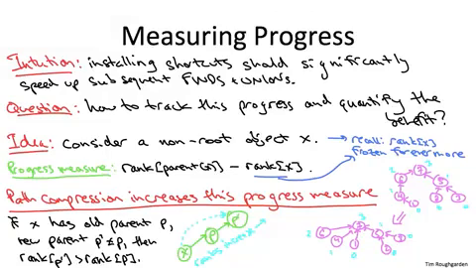Exactly 2 of the objects had their parent pointer rewired, namely objects 1 and 4 had their parent pointer rewired to point directly to 7. And as a consequence, the gap in rank between object 1 and its parent has leaped from merely 1, the difference between its rank and the rank of 4, up to 3, the difference between its rank and that of its new parent, 7. Similarly, object 4, its rank gap has jumped from 1 to 2. Its rank is only 1 less than its old parent, 6, but it's 2 less than that of its new parent, 7.